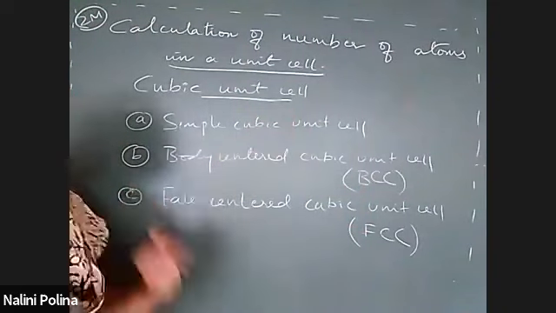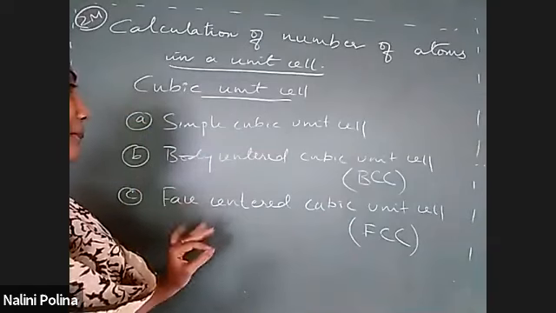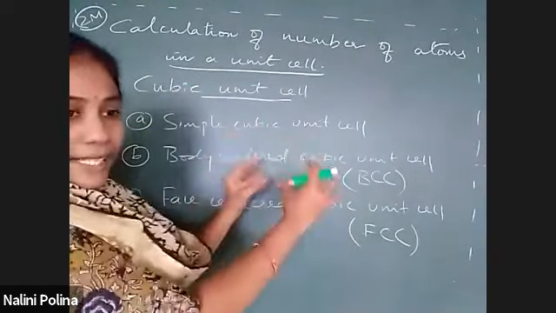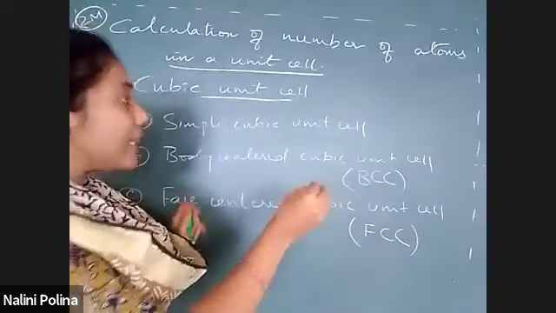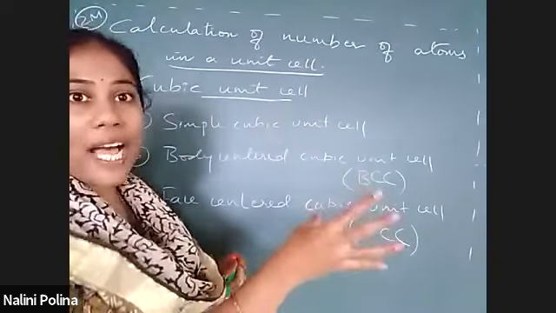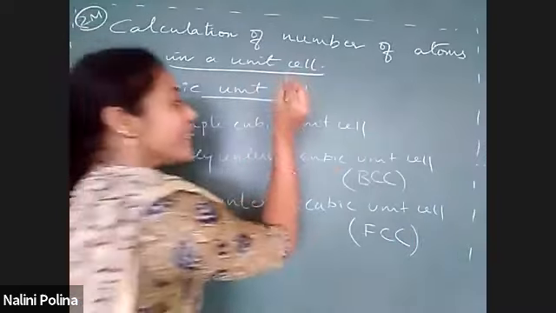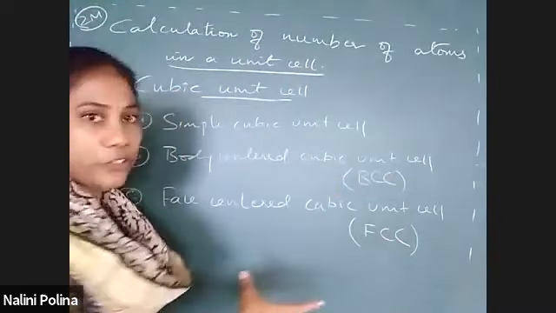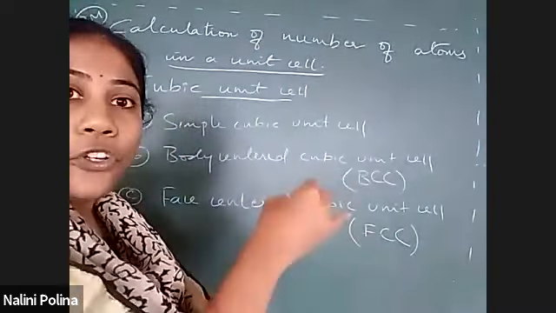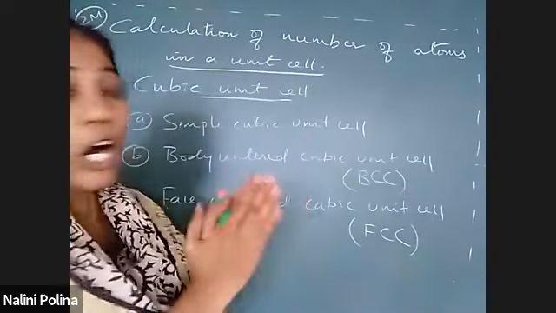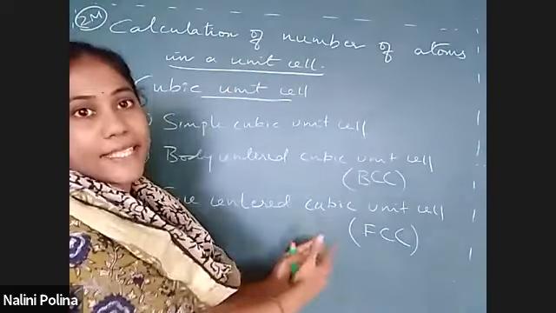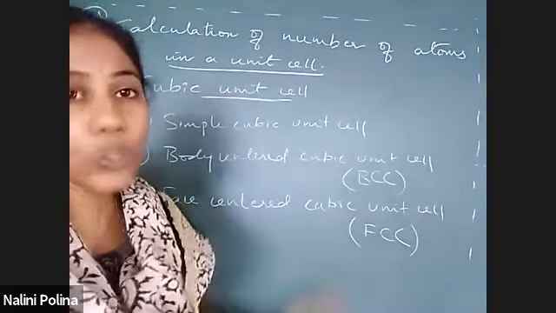So what we are going to learn is, unit cell is the smallest unit of a crystal. How many atoms belong to each unit cell, that's what we are going to calculate. The particular number of atoms which belong to one particular unit cell is what we are trying to calculate.